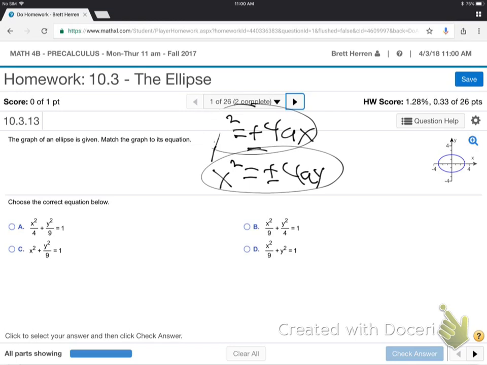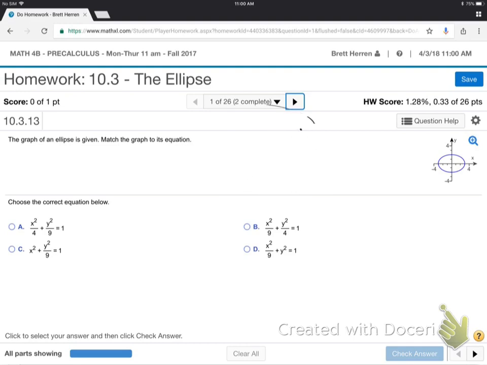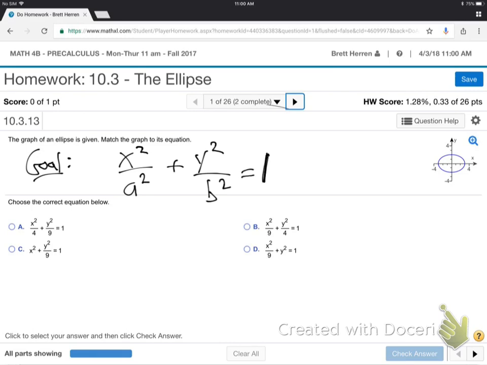Well, it's going to be the same thing in this section. It's just a different look. Let me give you the look. The goal, the look that we're going for, is x squared over a squared plus y squared over b squared equals 1. It's all going to be about getting a 1 on the right side. Different from the parabola, where we wanted to get a 4.